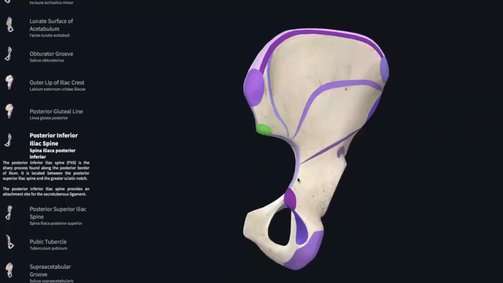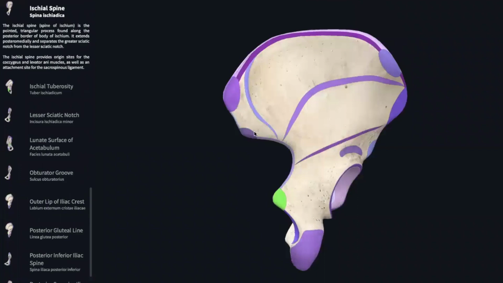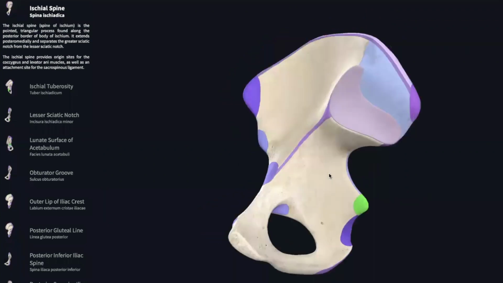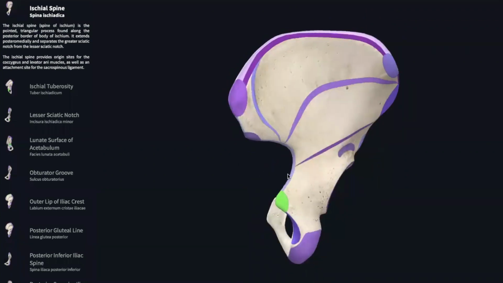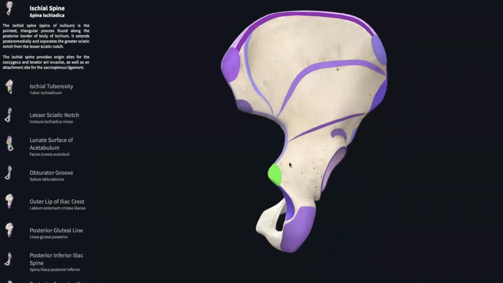All right, moving down from that, we have the third protrusion on the posterior surface, which is the ischial spine. Now this ischial spine can be kind of hard to find, but it's basically the area that separates the greater and the lesser sciatic notch, which will look like holes once you add all the ligaments and stuff in.